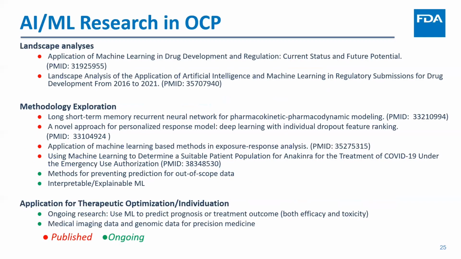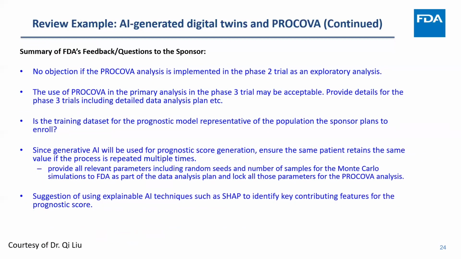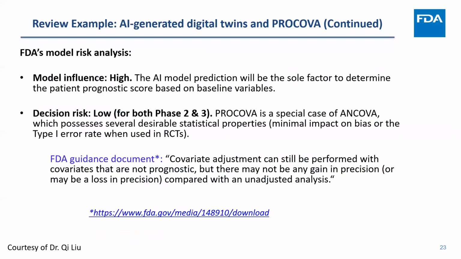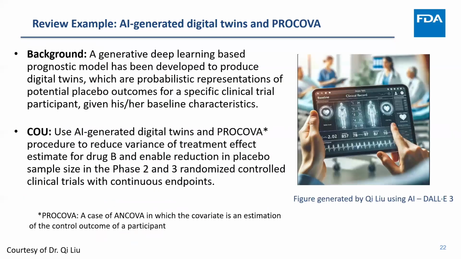Okay, this is it so far for the review. Any question before I move on? Well, just really quick, we probably have a lot more to cover. For this AI generated digital twin for Percova, what's the setting? Is it just a new way of covariate adjustment in a randomized phase 3, or something else?